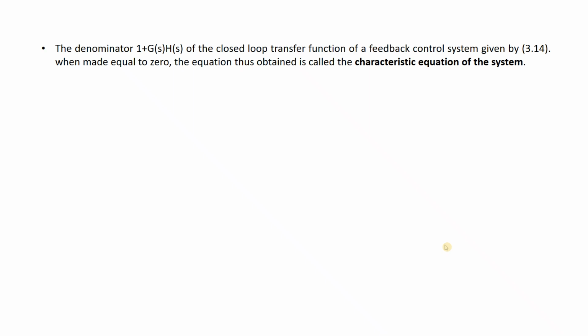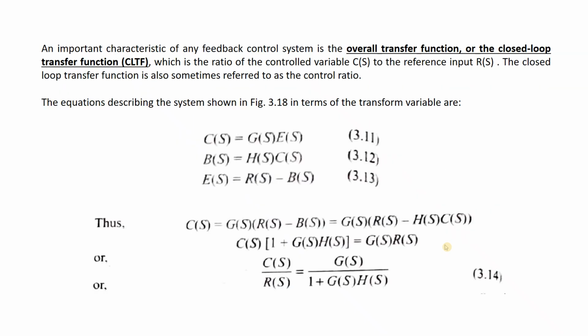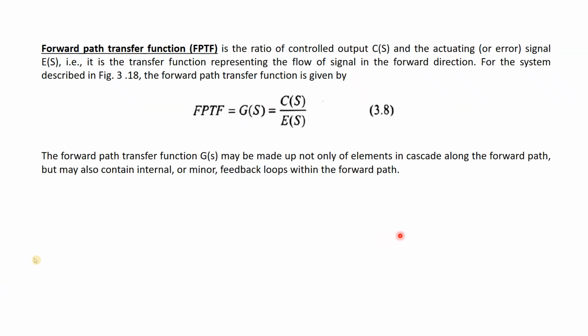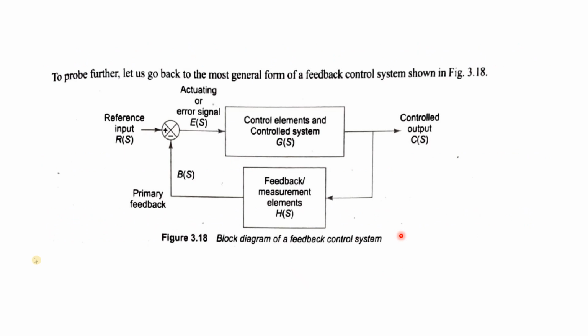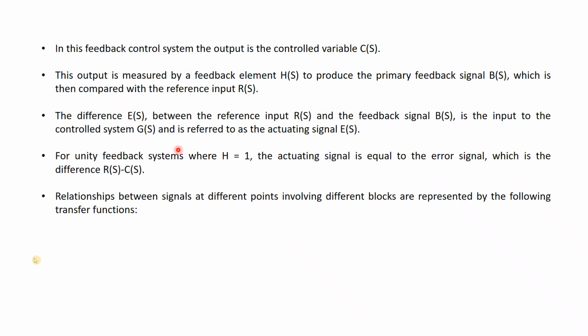So when you are having a closed loop transfer function with a negative feedback, your transfer function will look like this: G by 1 plus GSHS. Because the whole derivation was explained that if this is input RS and this is output CS, then when the feedback is coming like this, the error signal is RS minus BS, isn't it?